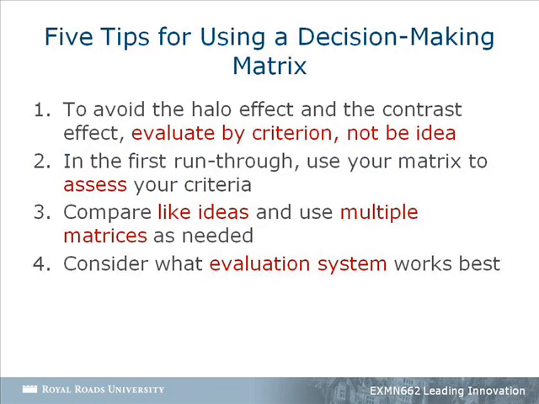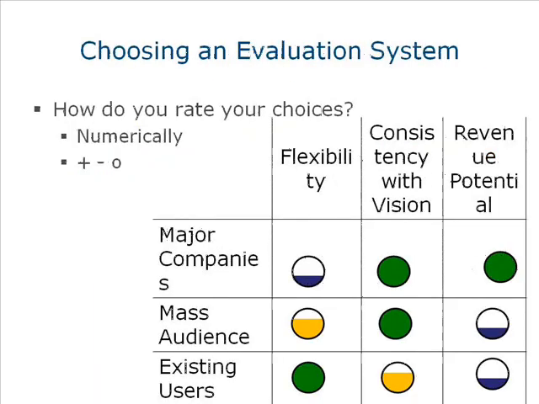4. Consider what evaluation system works best. You want to consider whether you will use a numerical rating, for example, giving each alternative a score of 1 to 10 against each criterion, or whether you want to use an alternative system such as plus, minus, and neutral, or something graphical like the example on the slide. The advantage of using numbers is their specificity. But this is also their disadvantage, since often you are dealing in estimates and the numbers could give a false sense of precision.